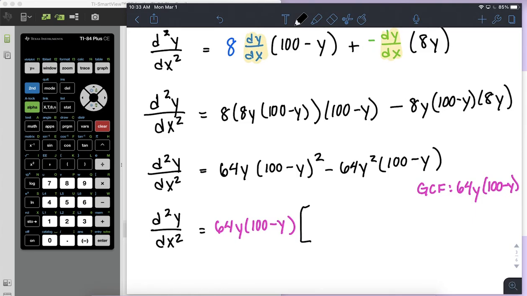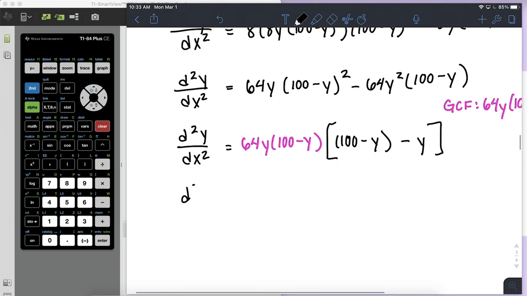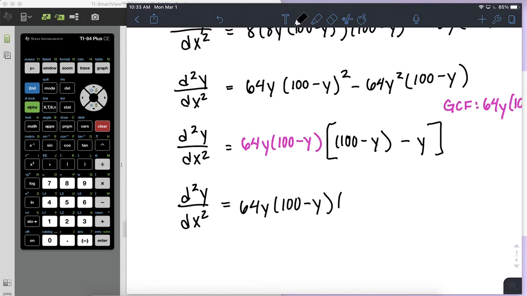When I factor that out, the first term is going to leave me with one of those 100 minus y groups. And the other one is going to leave me, I take out the 64, I take out one of the y's, I have one y left over, and I took out the group of 100 minus y. So overall, my second derivative is 64y times 100 minus y times 100 minus 2y if I combine those two negative y's in there.